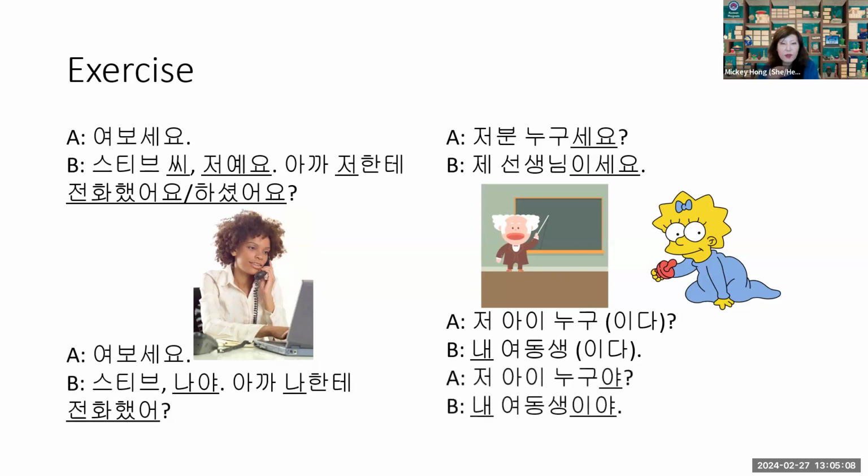야, 내 여동생이야. We're changing the sentences into a casual form. Instead of 저예요, 나야. 나한테 instead of 저한테. 전화했어? instead of 전화했어요.